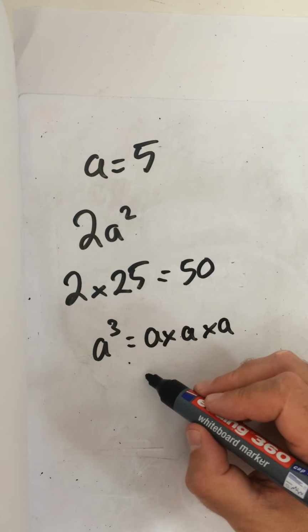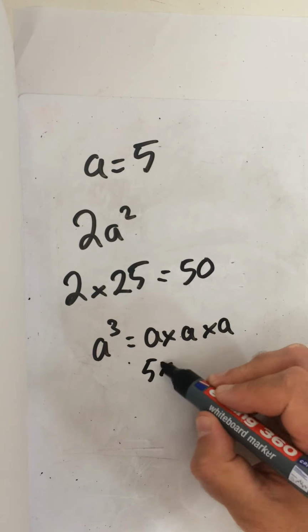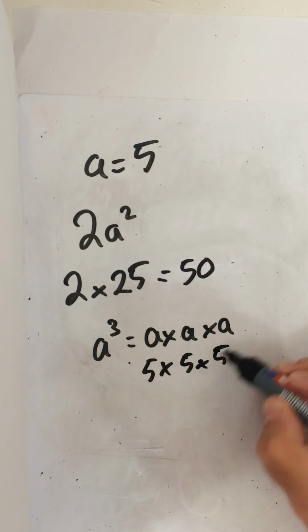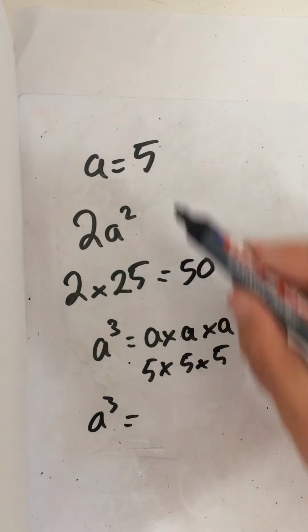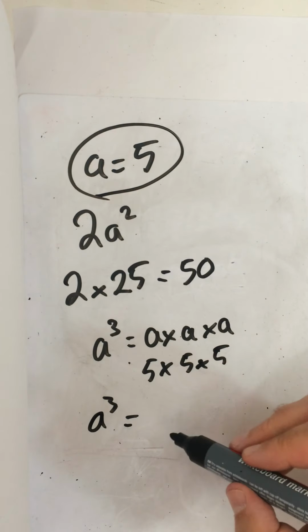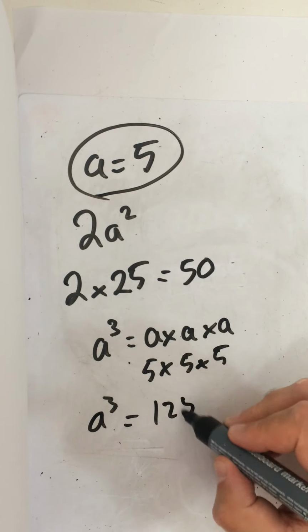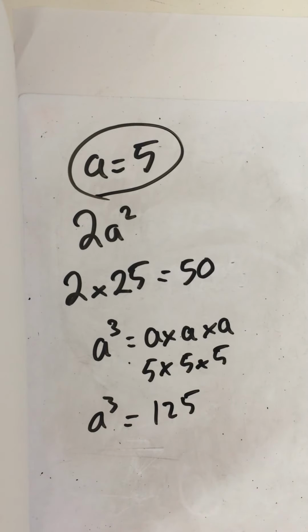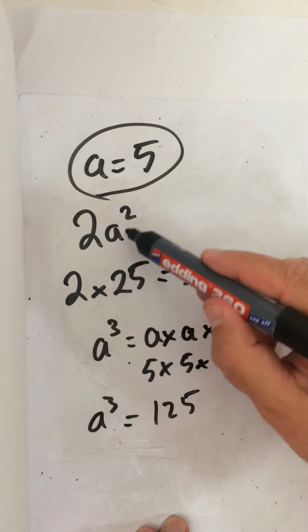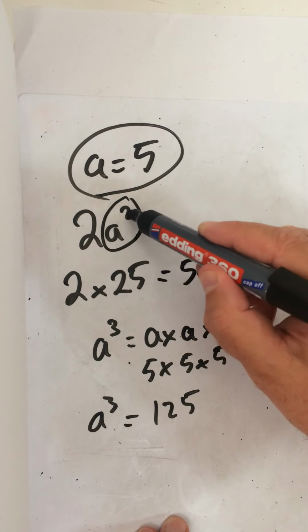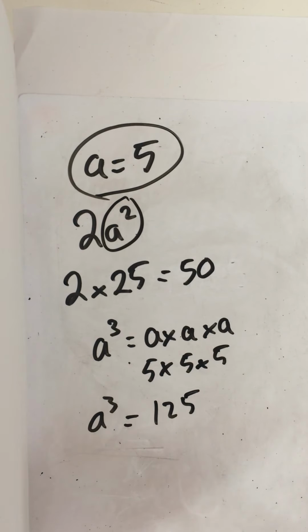So that will be 5 times 5 times 5. So a cubed, when a is equal to 5, is 125. So just be a little bit aware of squared and cube numbers, and remember BIDMAS tells us you do the indices, you do the squared before the multiply.